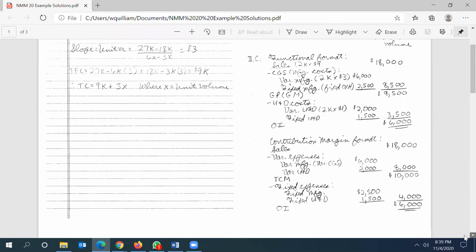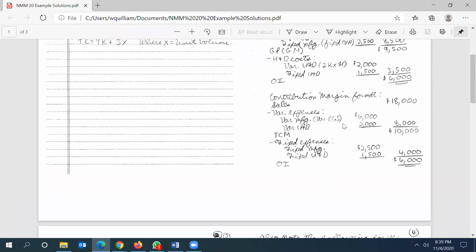Now, let me do, for this same company, the contribution margin format. This will separate costs according to behavior, either as variable or fixed costs. So I've got the very same sales revenue figure up top. Then I subtract variable expenses, and these numbers will be very familiar because we just had them. 6,000 of variable manufacturing, 2,000 of variable upstream and downstream, giving us $8,000.